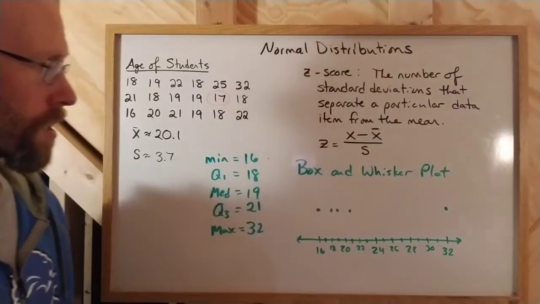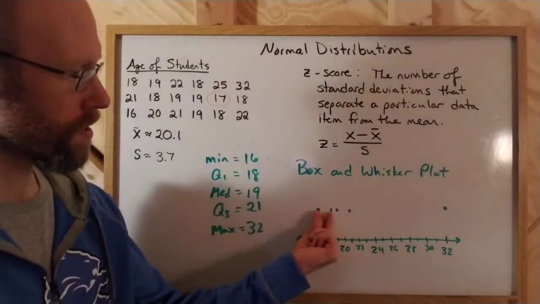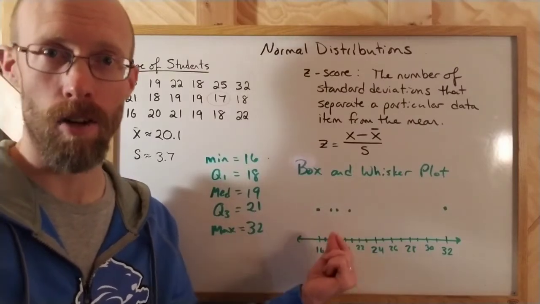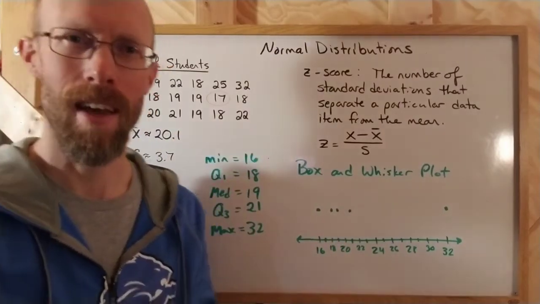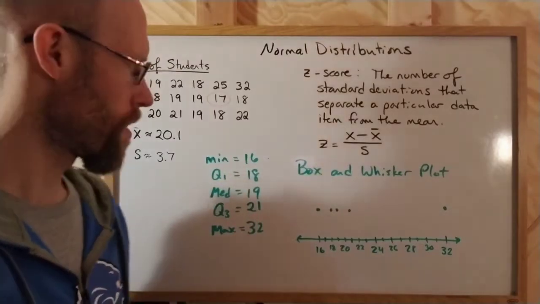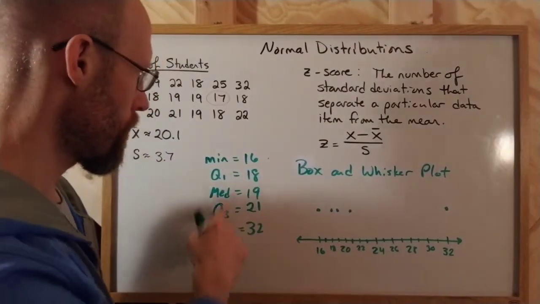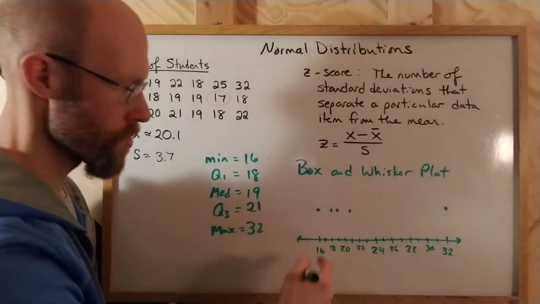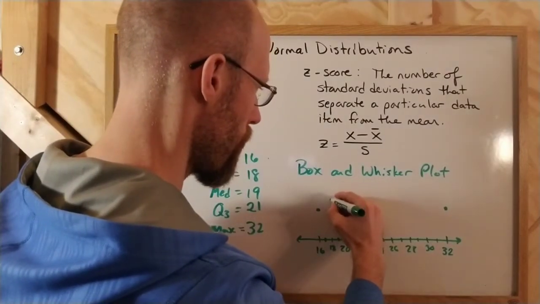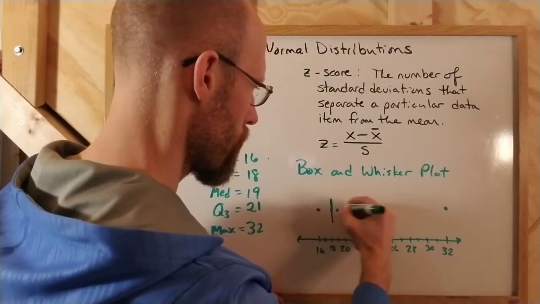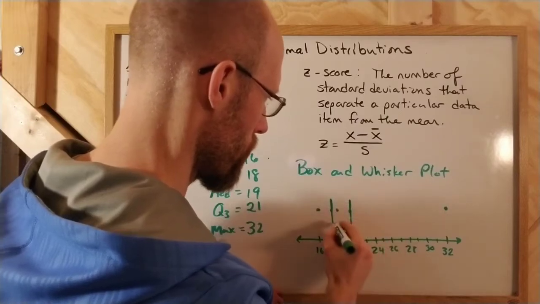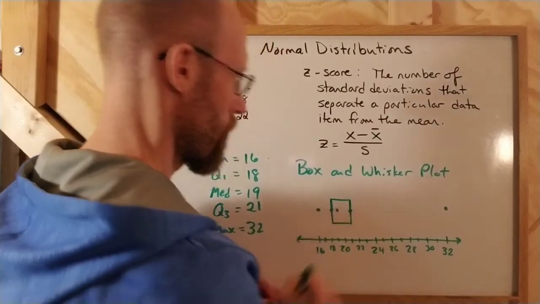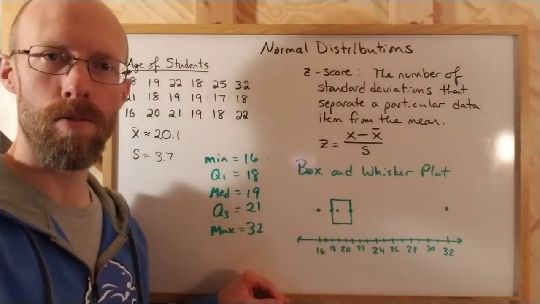Basically, you have a quarter of all the data items between each of these dots. In fact, exactly a quarter, if you could take a quarter of 18. Some of these fall in between, so it's off a little bit. So what we do for a box and whisker is we plot a box around the inner 2 quartiles. It is a rectangle. There's our inner 2. That's the box.